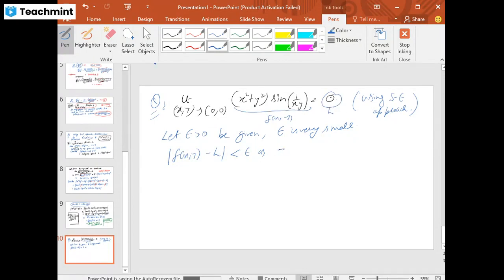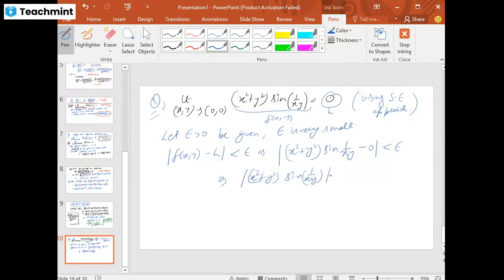It means mod of x square plus y square into sine of 1 upon xy minus 0 is less than epsilon. So this is further equal to x square plus y square into sine of 1 upon xy is less than epsilon.